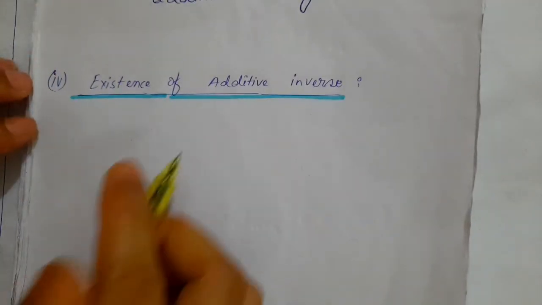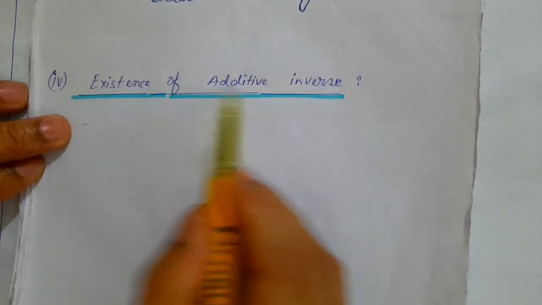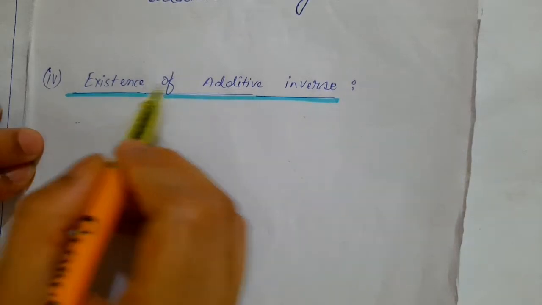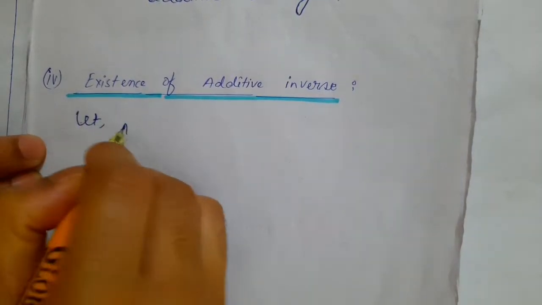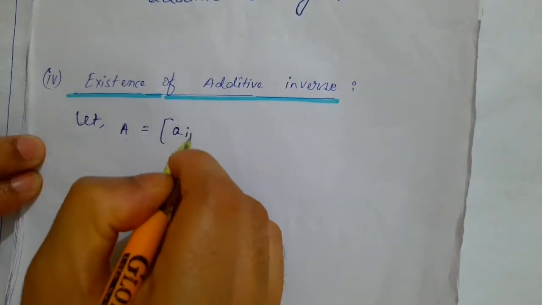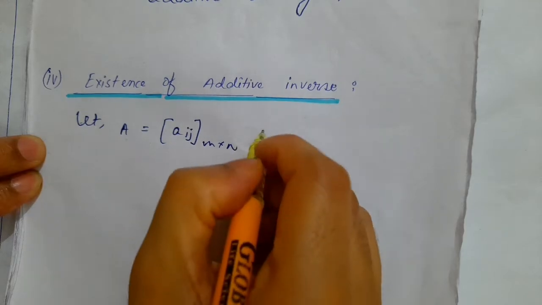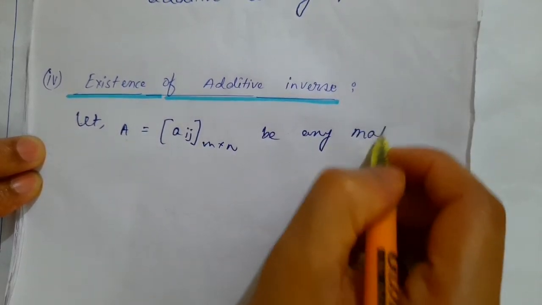Now we'll discuss the existence of additive inverse. Let a matrix A equal to Aij of order m by l be any matrix.